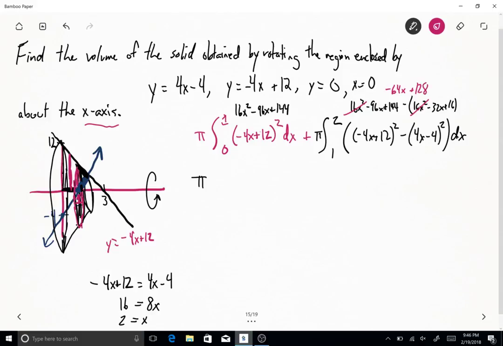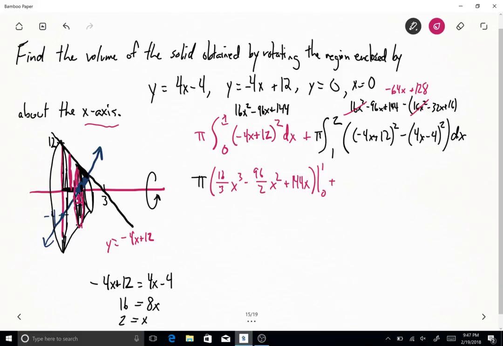Okay, so I think we're ready to rock and roll now. So this is 16x squared, that would be 16 thirds x cubed minus 96 over 2 x squared plus 144x evaluated at 0 and 1, plus the integral.